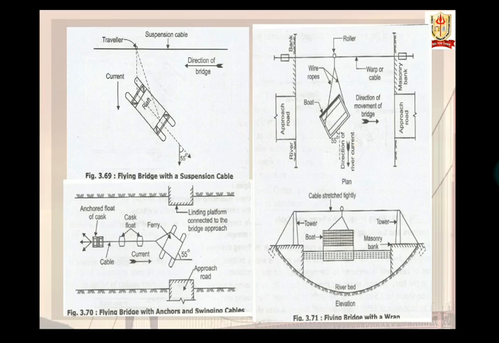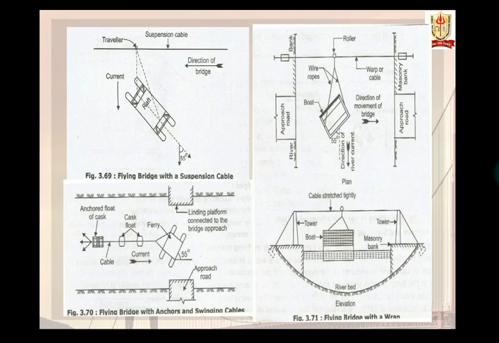By using a suspension cable. In this method, the flying bridge consists of a raft which is lowered by means of two wires attached to the traveler running over the suspension cable, shown in figure 3.69.